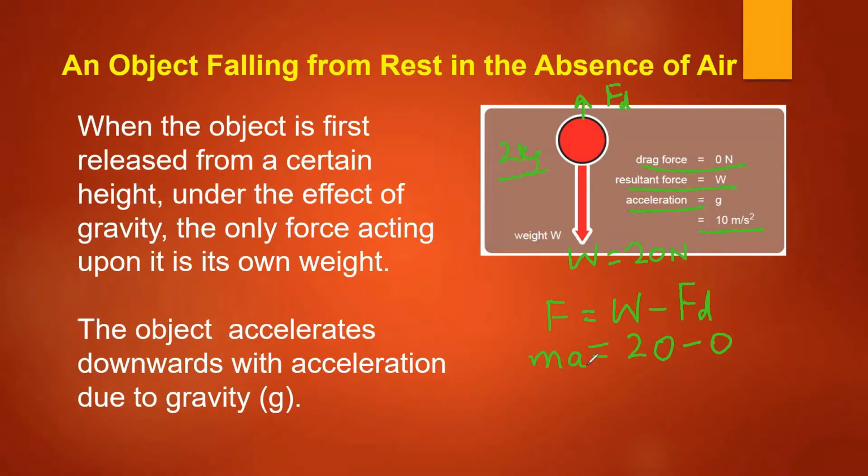So the mass of the object is 2 kilograms, so I can say 2a equals 20, and a equals 20 divided by 2, that's going to be 10 meters per second squared. So there will be no change in the value of g because no air resistance is acting.